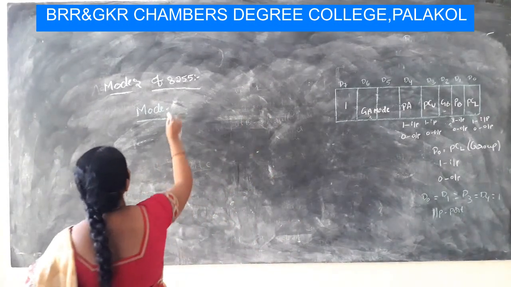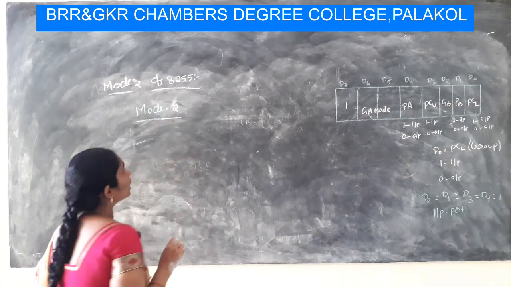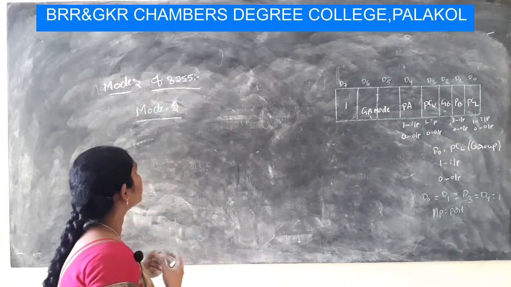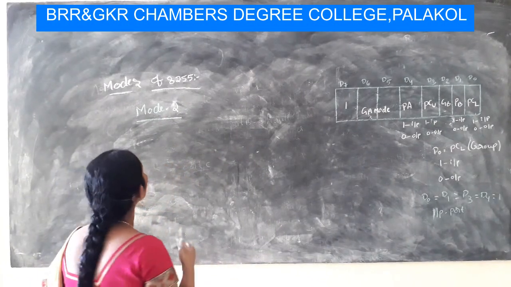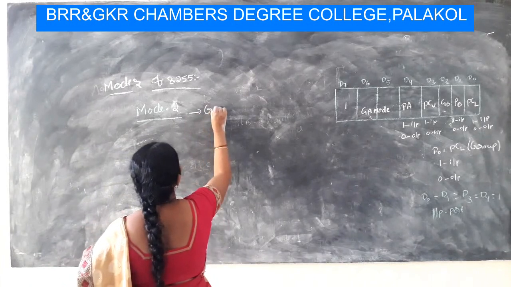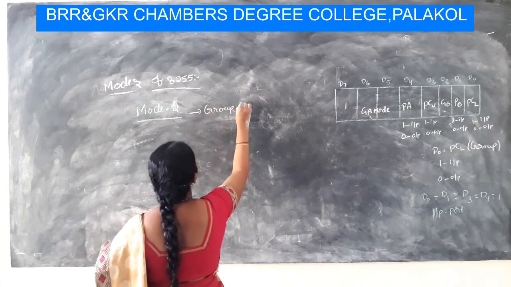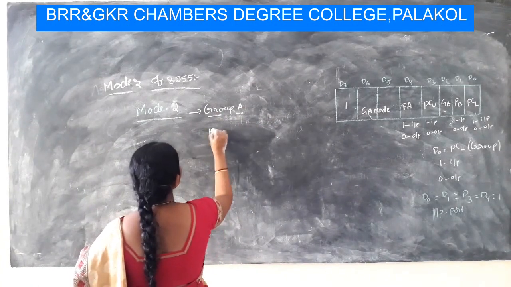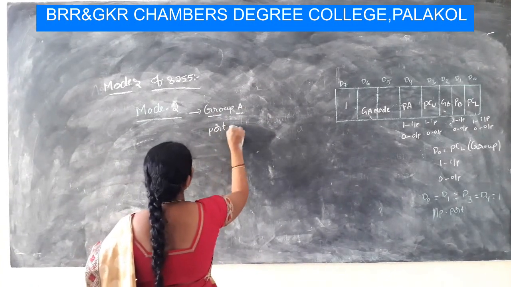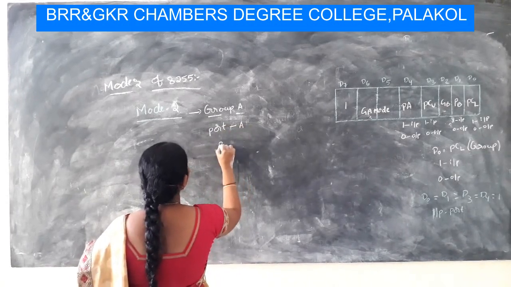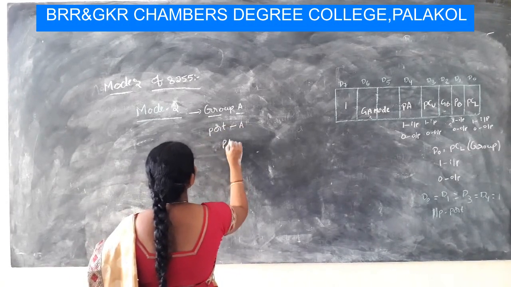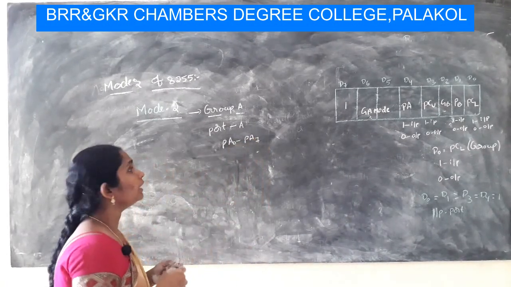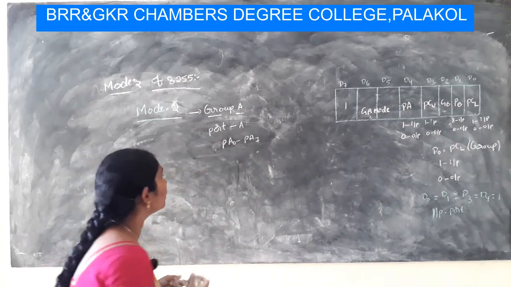So this is mode 2. Mode 2 is only for group A, and group A is nothing but port A. Here port A has PA0 to PA7, and these are the bidirectional lines.